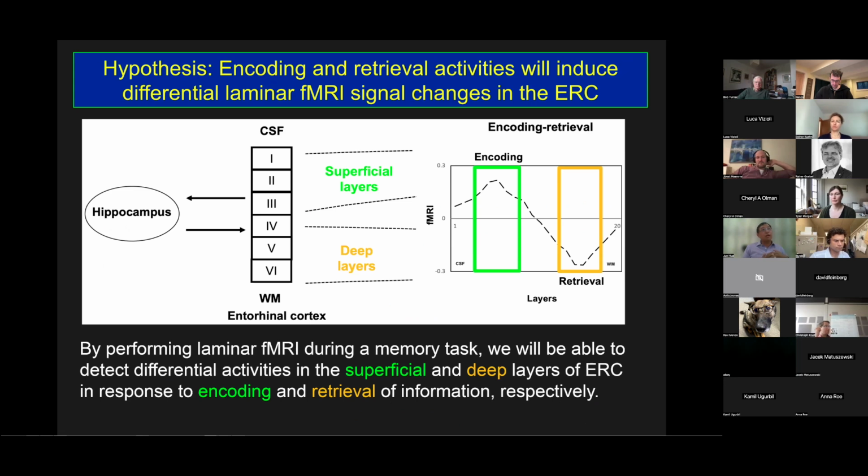Compared to the conventional 3D functional MRI they've been doing, which looks at the ensemble activity from both groups of layers, we can separate the encoding and the retrieval responses. That could be an important step towards the application of these methods to aging and dementia study in the memory system. So that's our hypothesis.